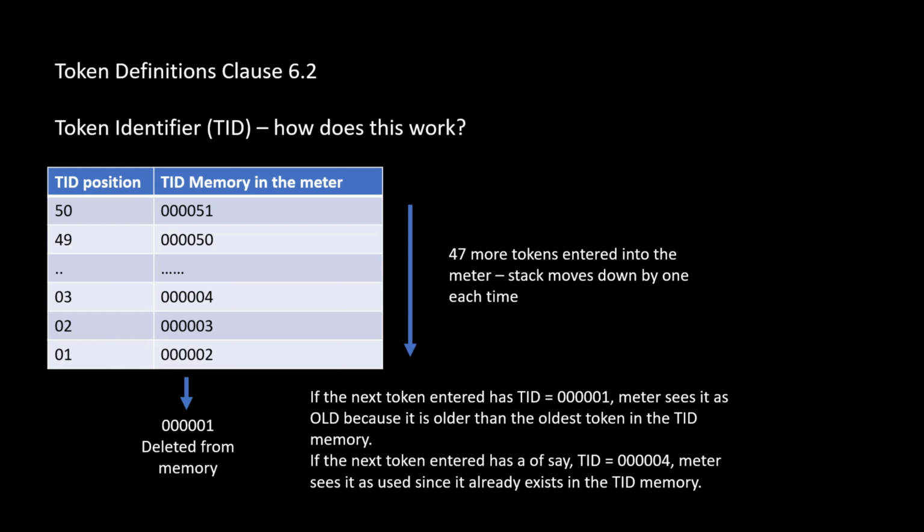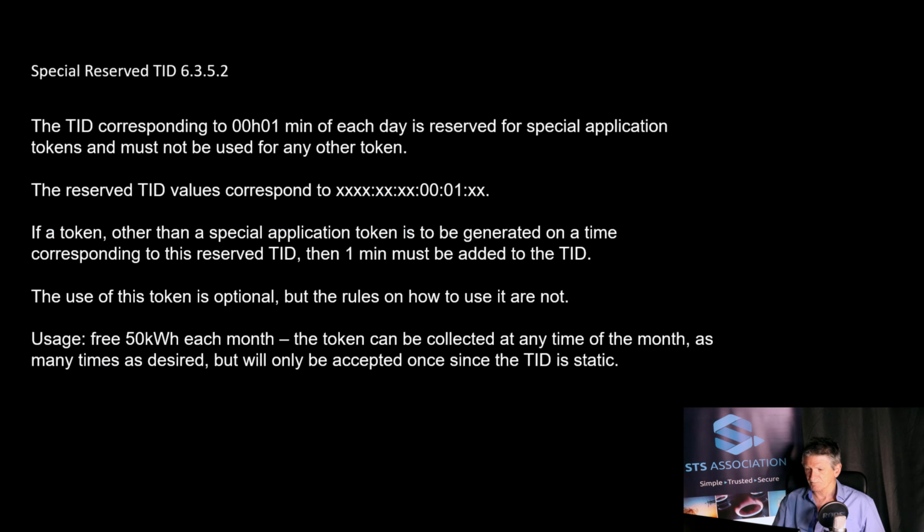With a keypad meter, obviously you can't erase it, so you essentially do this. Okay, so old, if the next token is older than the oldest token in the stack, and used if it already exists in the memory.